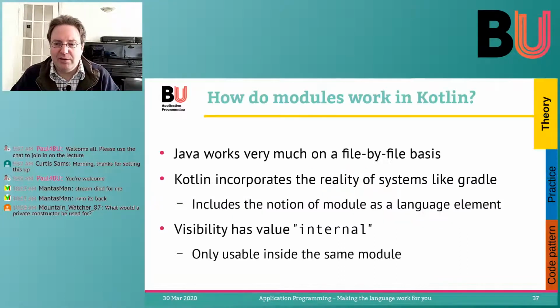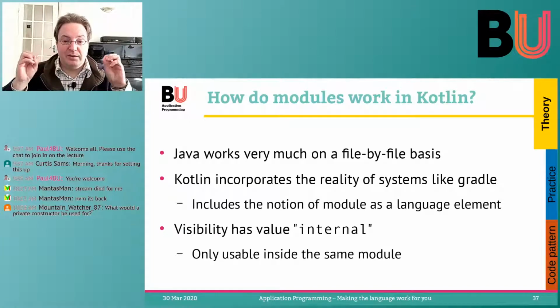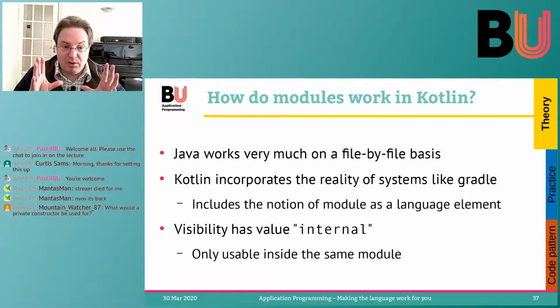But in Kotlin, that works at a much more refined language level. Kotlin has modules really as part of the language, and you can have internal visibility. An internal visibility for an object means that it is only visible by code inside the same module.